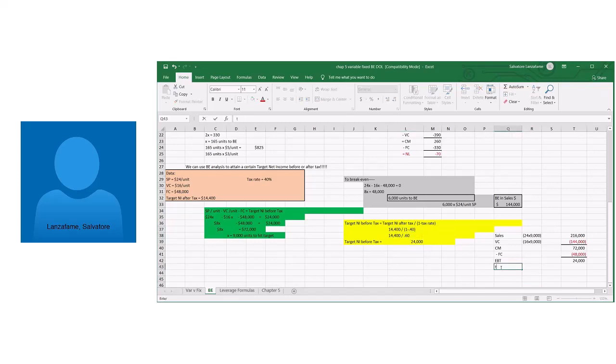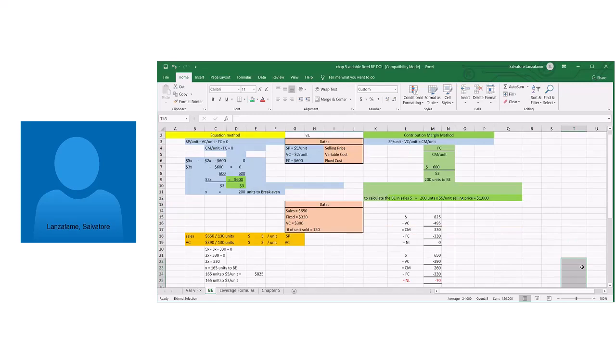So now if we take out our tax expense at 40%. So we would take 24,000 times 40%. So let's do that. 24,000 multiplied by 0.40, that gives me 9,600.